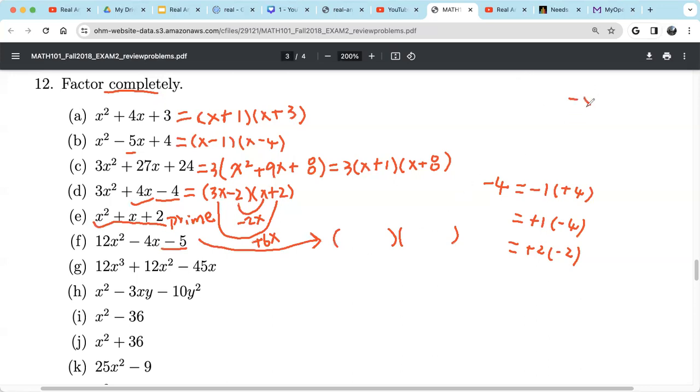So either -5, +1, or +5, -1. There are only two choices for -5. Well, for 12, we have 2 and 6, 3 and 4, 1 and 12. Somehow we can do trial and error. Somehow we want to come up with the middle term to be -4x.